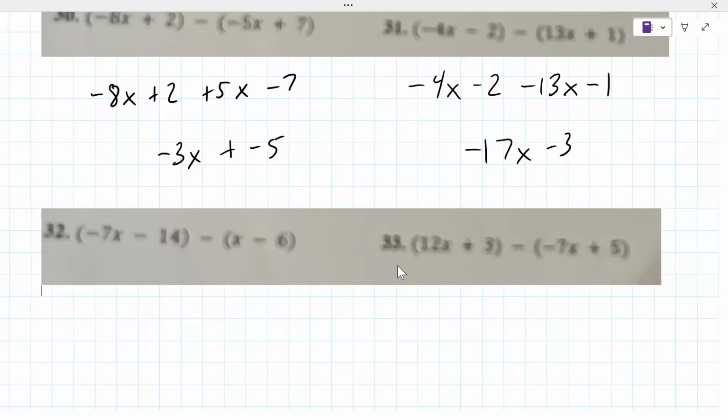Negative 8x plus negative 20. All right, how about the next one? That would be 19x plus negative 2. Very good.